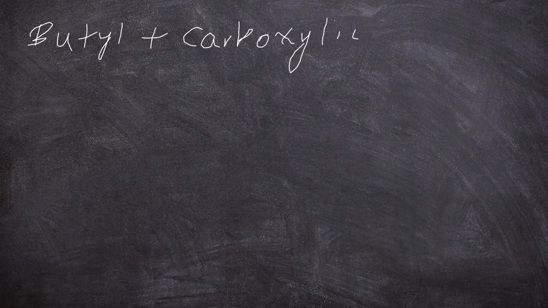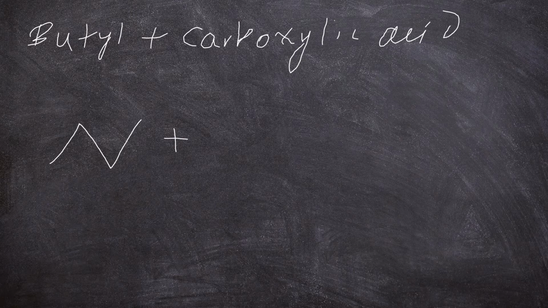Here we can add butyl plus carboxylic acid. Butyl means 4 carbons, 1 2 3 4.